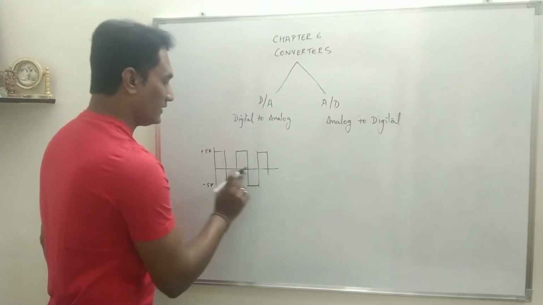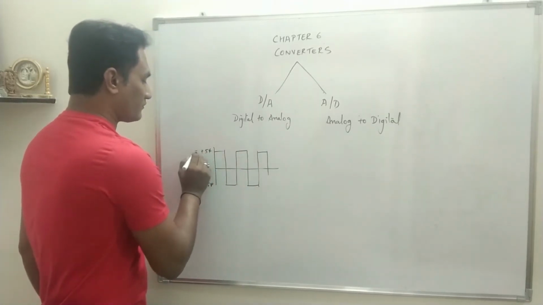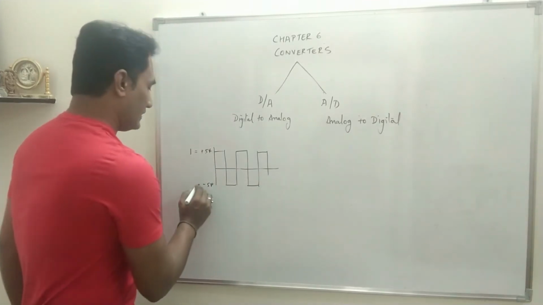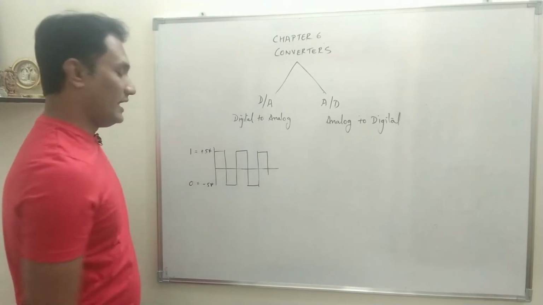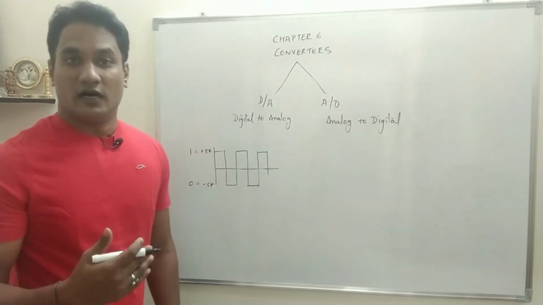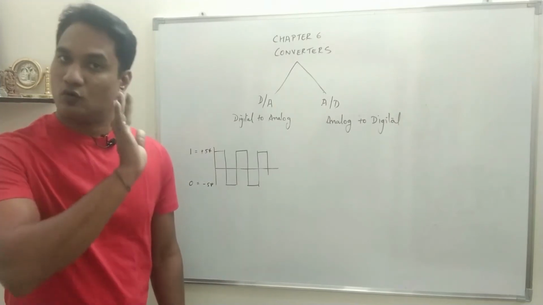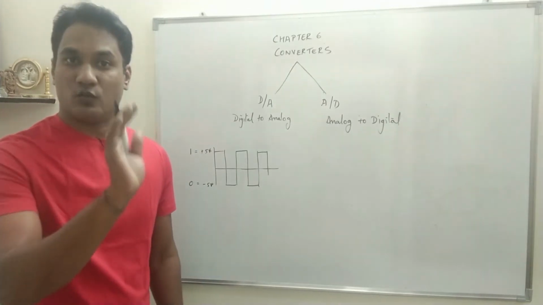Any positive value will be considered in digital as 1, and any negative value will be considered as 0. So the signal will vary as 1 0 1 0. It will have only two discrete states, 1 and 0.